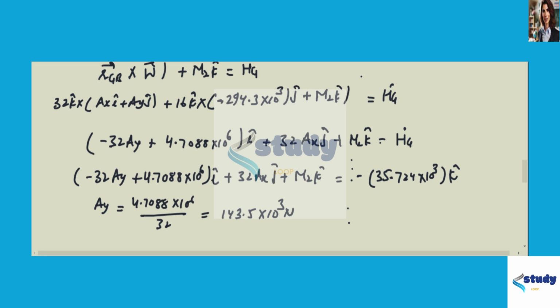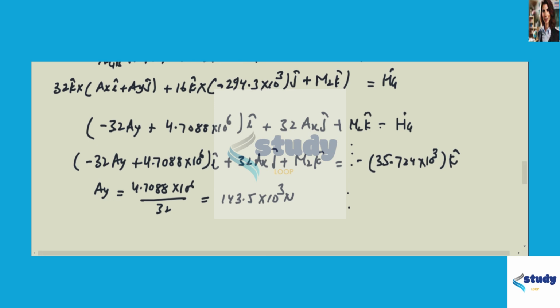J component, just a moment please. 32 AX, just a moment please.